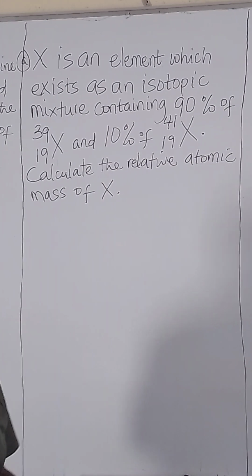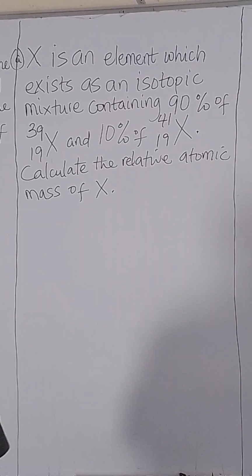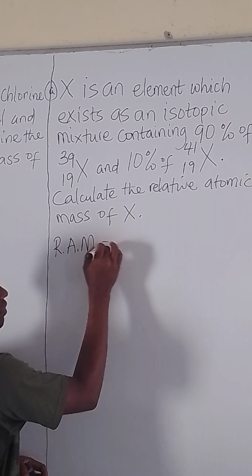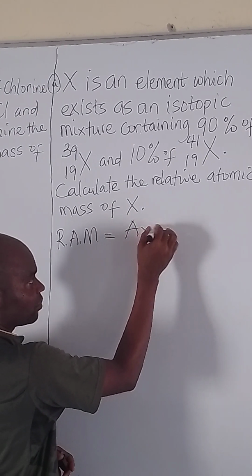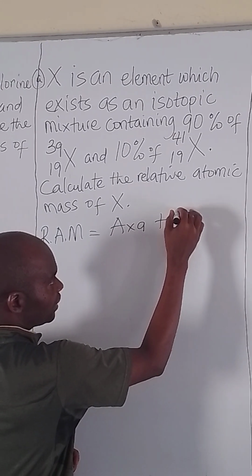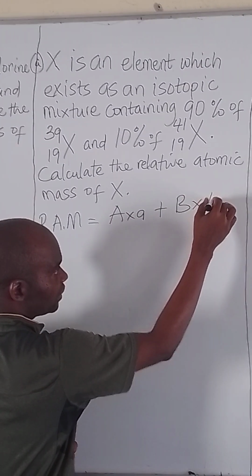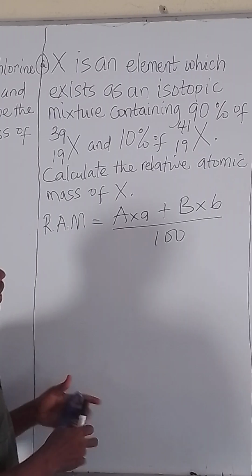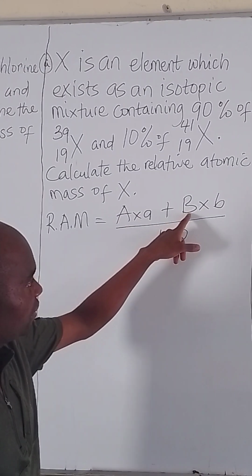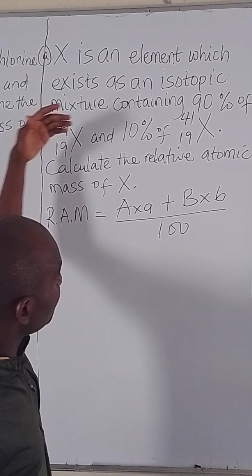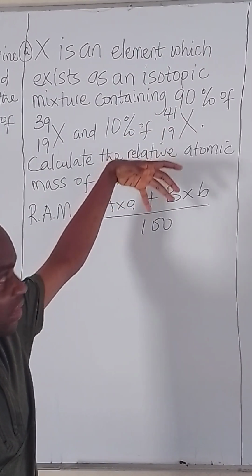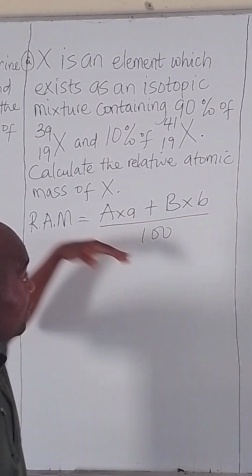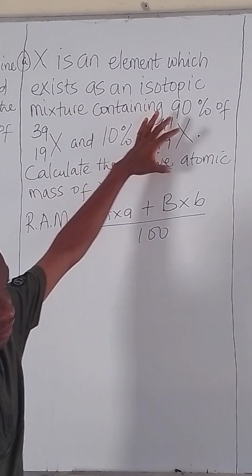For us to calculate the relative atomic masses of elements, we use the expression: relative atomic mass is equal to capital letter A times small letter a plus capital letter B times small letter b all over 100, where the uppercase letters represent percentage composition, and the lowercase letters represent the mass number.